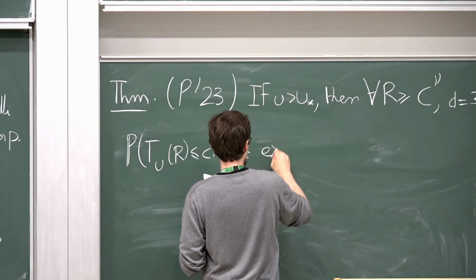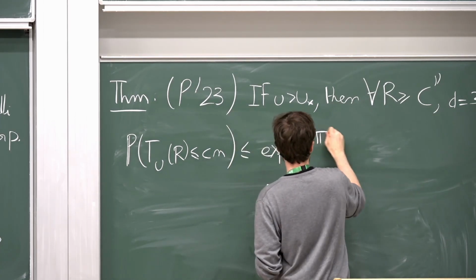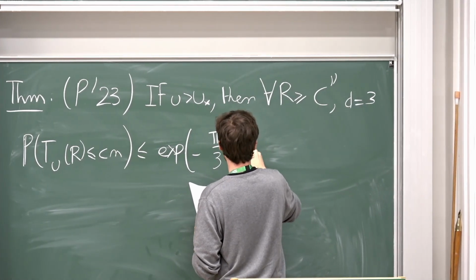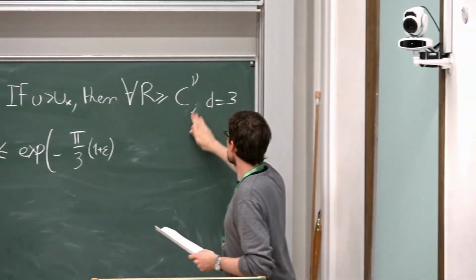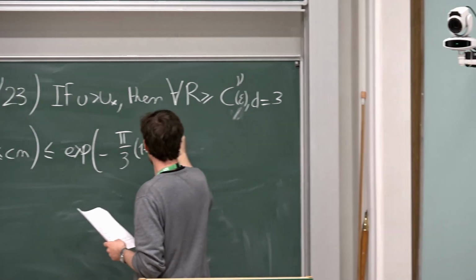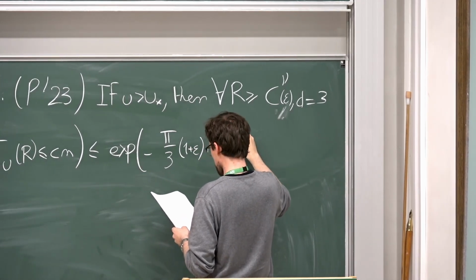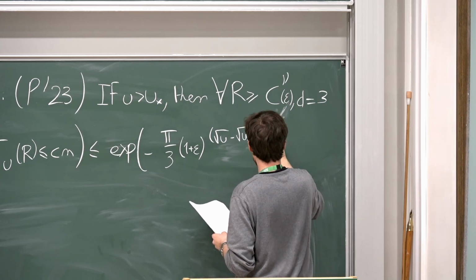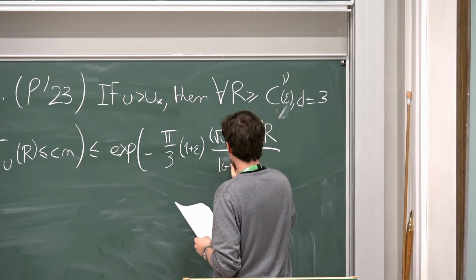This is exponential of minus pi over 3. You have some epsilon dependency, so this constant will depend on epsilon here. But most importantly, you have the constant, which is the square root of u minus the square root of u star, squared, times R over log R.